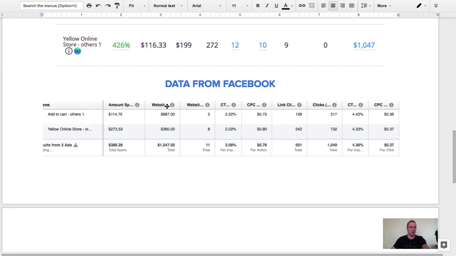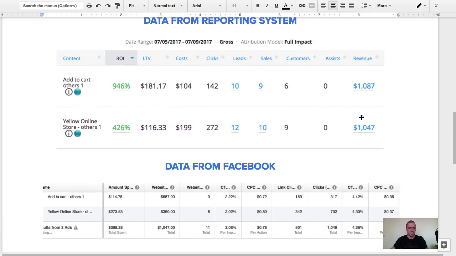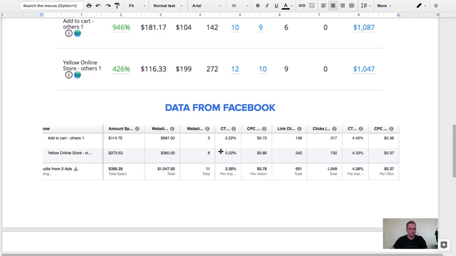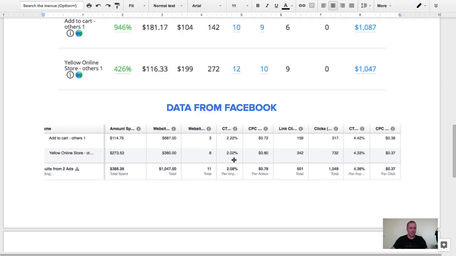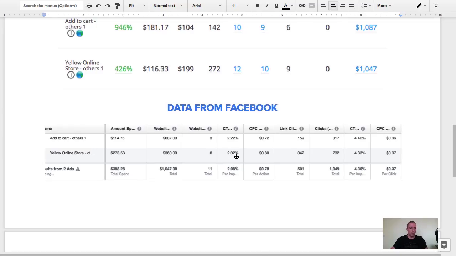Please note that the Facebook pixel is not correct, and that's why the data is different. This one is correct, whereas this one is not. But in any case, we have approximately the same click-through rate: 2.22% click-through rate on the links, and 2.02% on the links.